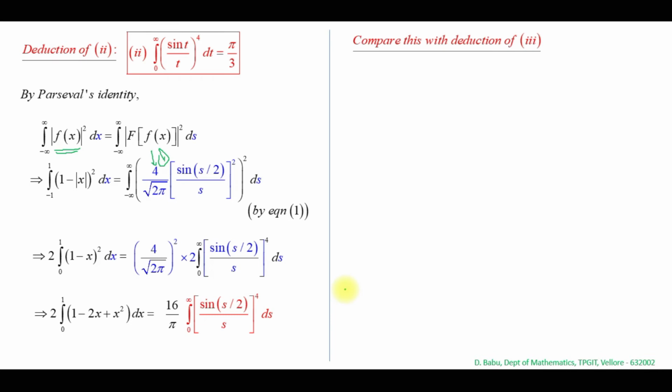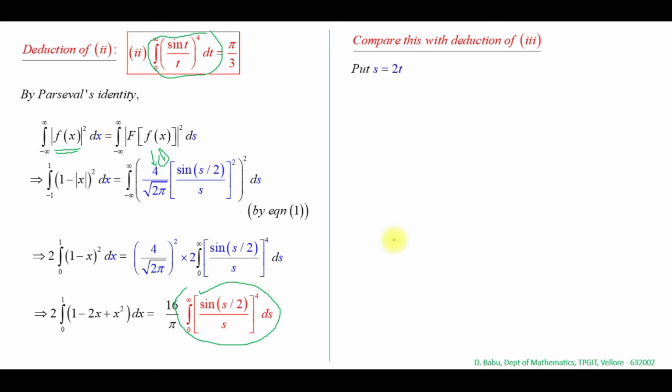Compare this with deduction 3, that is this. Here numerator is sin t, here numerator is sin of s by 2. So put s equal to 2t, then only the 2 get cancelled and we have sin t.